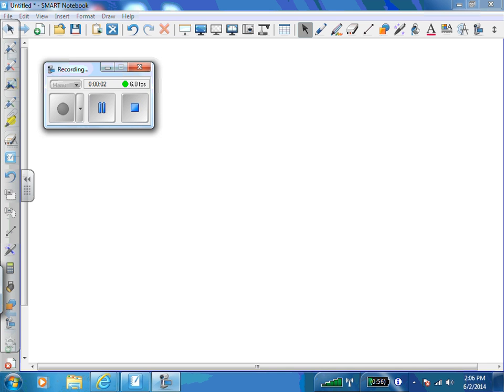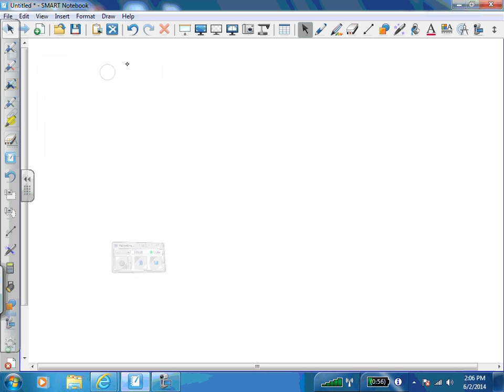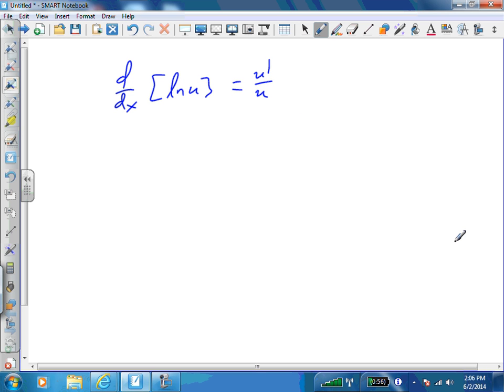5.1. So 5.2 is pretty much going in the other direction. So we saw that the derivative of natural log u is u prime over u.